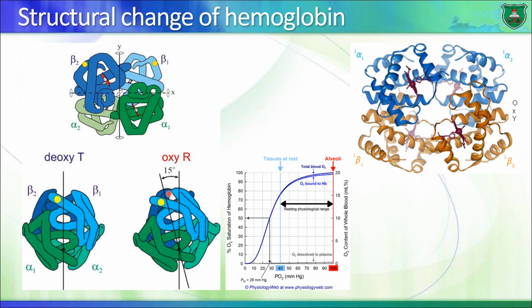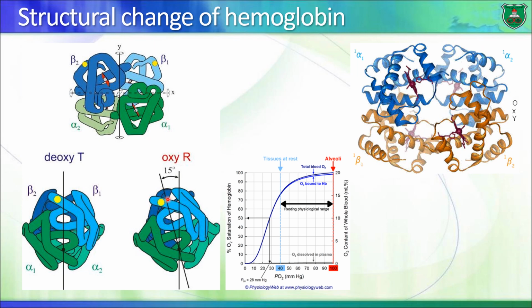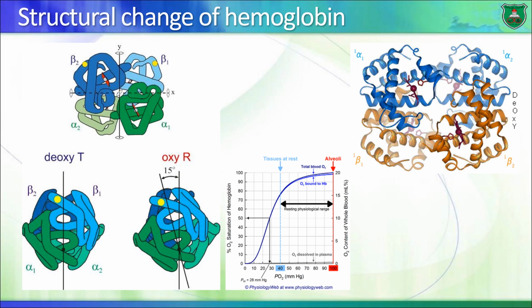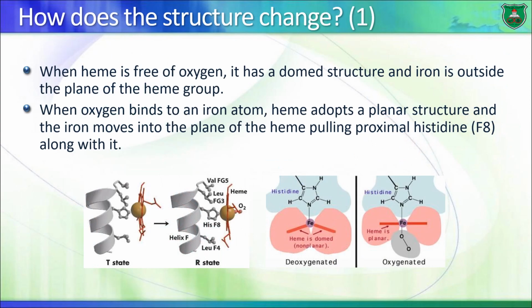What you see is a shift by 15 degrees only. This shift is what makes hemoglobin have a high affinity towards oxygen. So what we're going to do now is zoom into the structure of hemoglobin to see how the switch takes place. And I hope that you will appreciate biochemistry at this point.